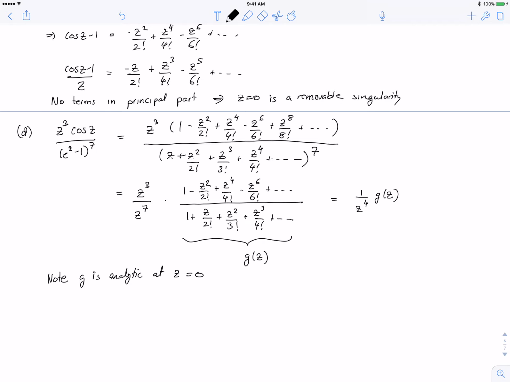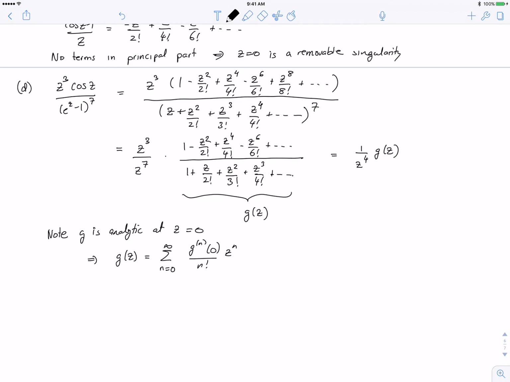So therefore you can apply Taylor's theorem, which tells you that g of z has expansion sum from n equals 0 to infinity of the nth derivative at 0 over n factorial z to the n. We don't actually need to figure out what those coefficients are, because we're not concerned with what the principal part is.